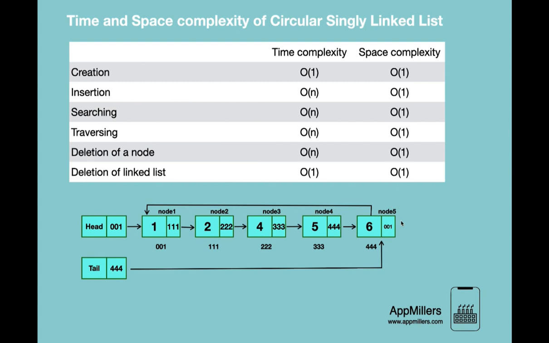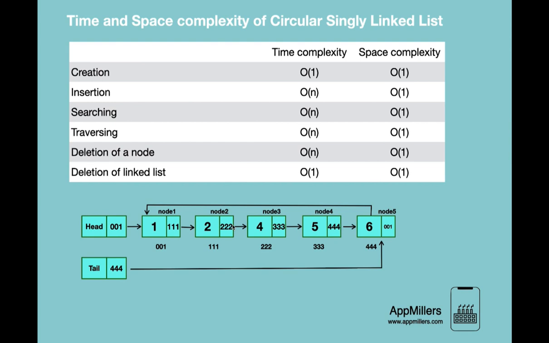The next operation is searching in circular single linked list. Here, as I said before, we are using linear search, which means we are visiting each element one by one and comparing for the value that we are looking for. If we are looking, for example, for the value 4, we need to loop through node 1, node 2, and so on until we reach node 3, checking the value of each node.